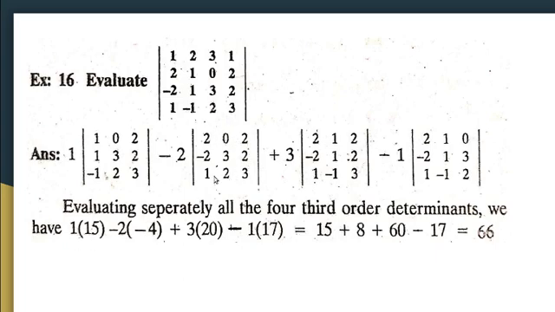By simplifying this determinant we will get -4, and plus 3, and by simplifying this determinant we will get 20. Then -1, by simplifying this determinant we will get 17. So by simplifying these values we will get 66 as the determinant value of this determinant having order 4.